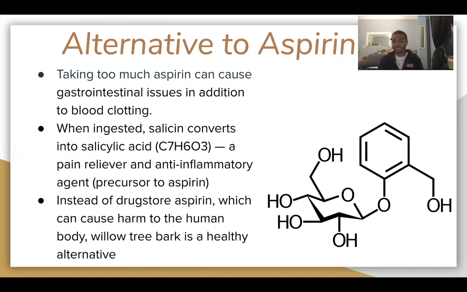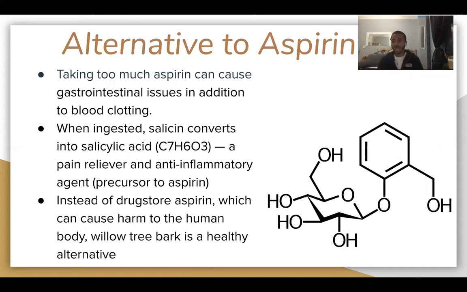When salicin is ingested, the body converts it into salicylic acid, which is C7H6O3. It can be used as a pain reliever and anti-inflammatory agent, and it is a precursor to aspirin. So it's leading up to what aspirin is becoming when the different reactions are happening.